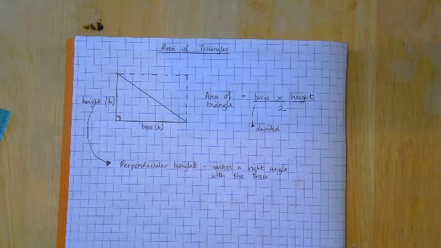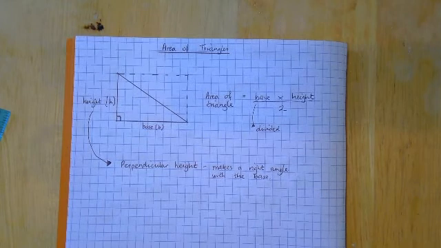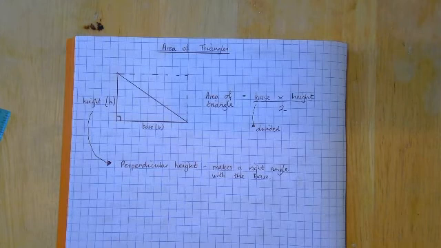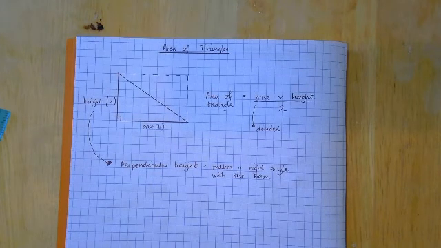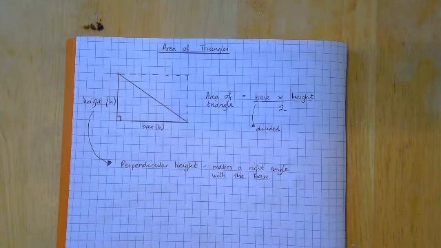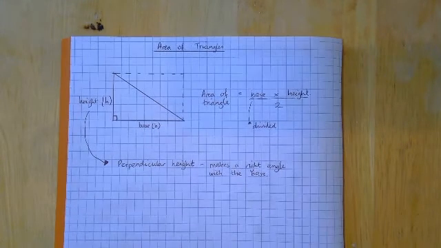Base times height divided by 2. You'll have seen this before, a lot of you, but for most of us it was months and months ago, perhaps even one of the first things we did this academic year. So we just need to try and remember all these things. Then we're going to move on to circles, which I don't think you'll ever have seen. Well, you'll have seen a circle, but you'll never have seen how you work out the area.